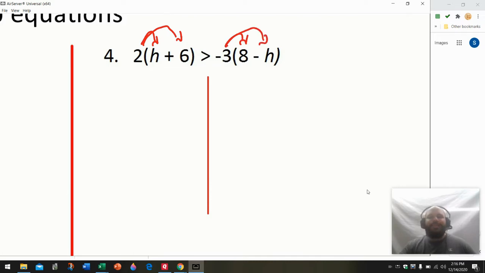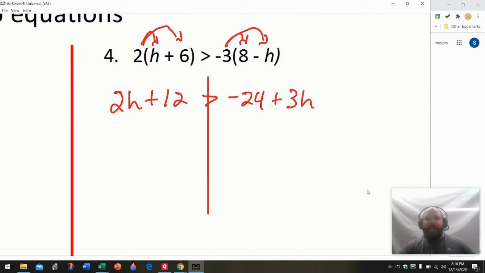So you do need to distribute and clean up the left-hand and the right-hand side first before you move things from side to side. So 2 times h is 2h, and 2 times 6 is 12. Then we have -3 times 8, which is -24. And then we have -3 times h, which is positive 3h.